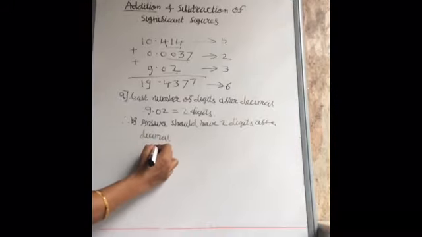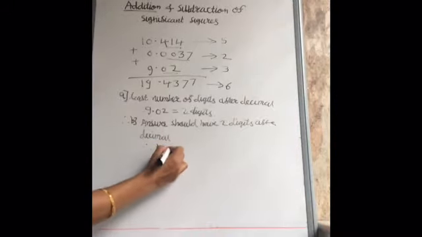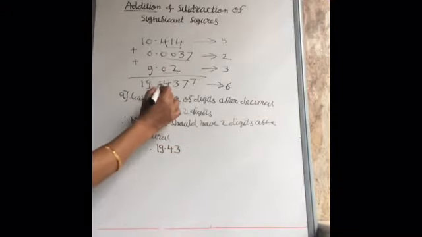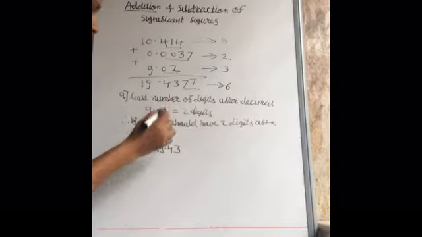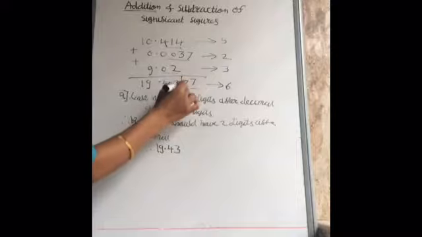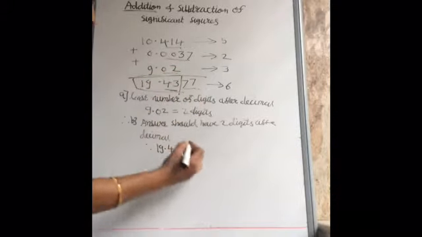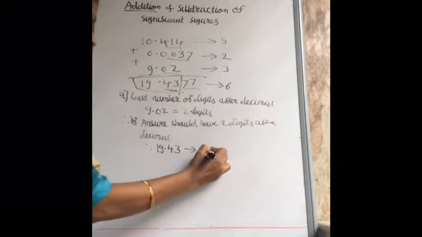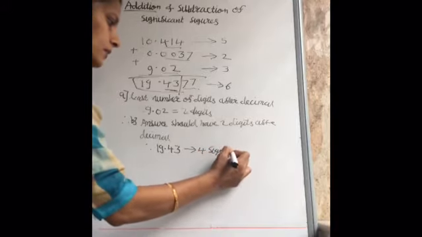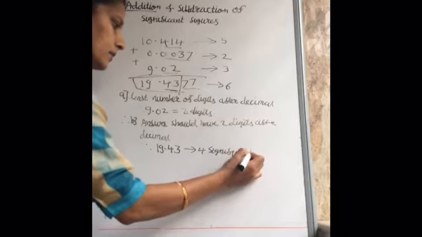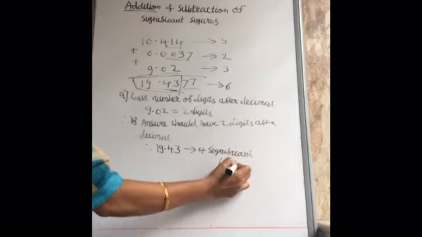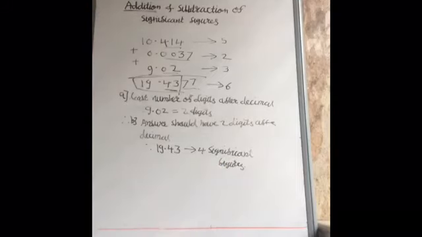Therefore the answer is 19.43, because you have only 2 digits after decimal. So we consider this answer having 4 significant figures.